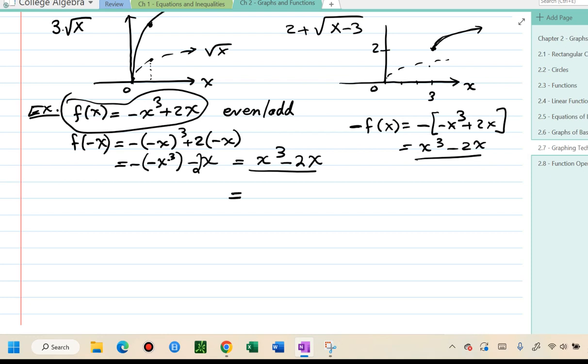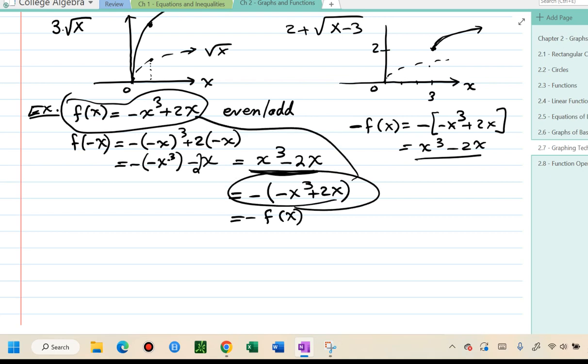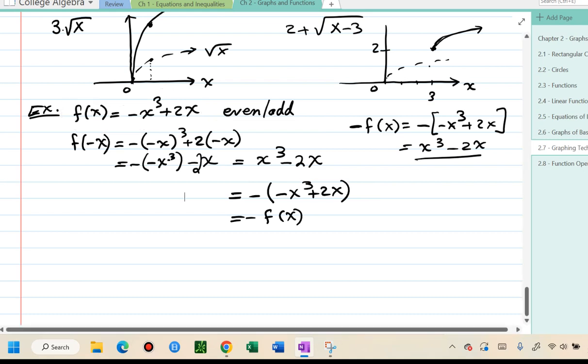Or if you're into manipulating, I can factor negative from the binomial here, and that makes it negative x cubed plus 2x. And that's the original function. Again, this is exactly what that is. All right, and there you have it.